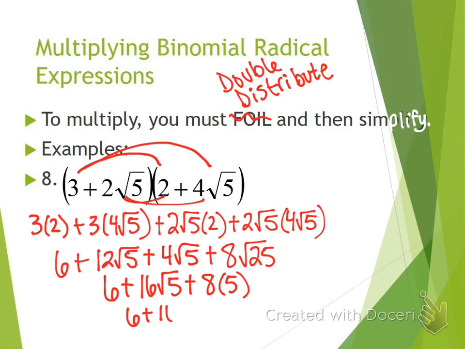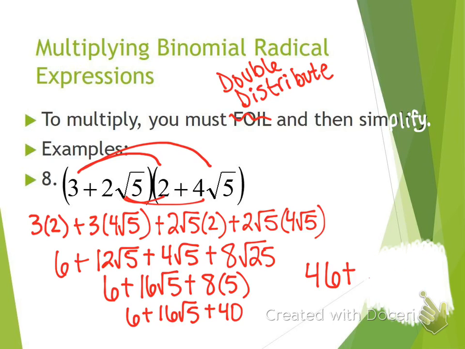So now we've got 6 plus 16 root 5 plus 40. Well, good. The 6 and the 40 can get combined to be 46. So our final answer, good, would be 46 plus 16 root 5.